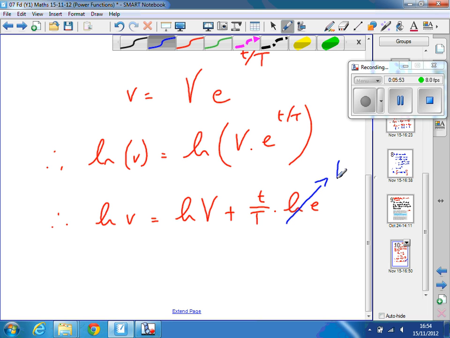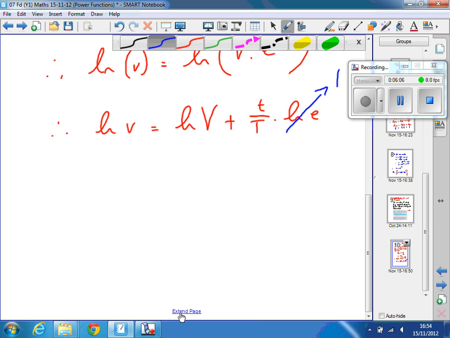If I find the natural logarithm of e, the answer's 1. So that turns out to be 1, and we end up with just this: ln V equals ln V naught plus t over T.